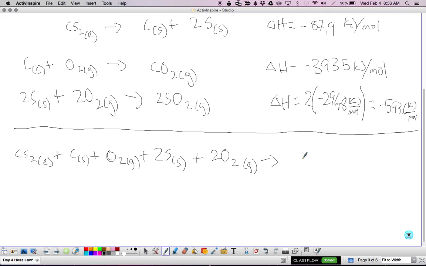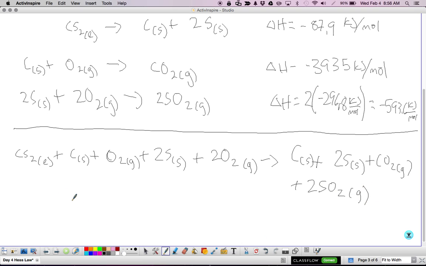And that's going to yield a solid carbon, plus 2 sulfurs, plus CO2 gas, plus 2 sulfur dioxide gases.